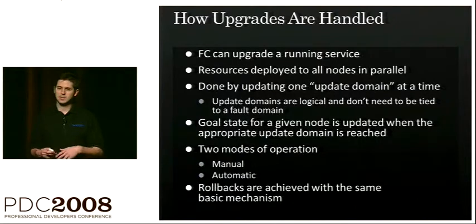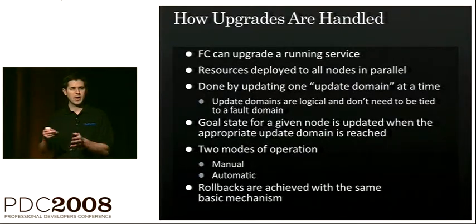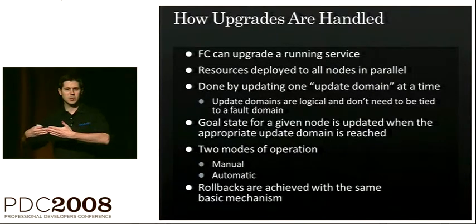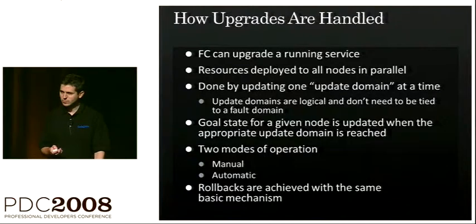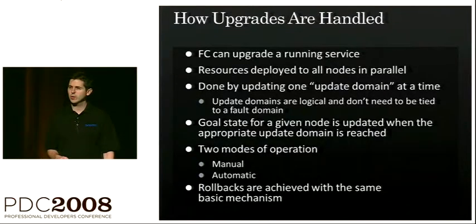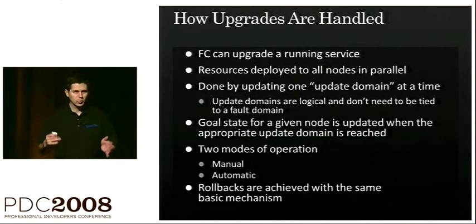So what actually happens, I showed you before that graph a few slides back where you had the mapping of your service that mapped to some internal logical data structures on our side. What we do is when we do an upgrade for you, we create a new instance of your service with your new settings, your new data structure, your new code, whatever. But it's not bound to the nodes yet.